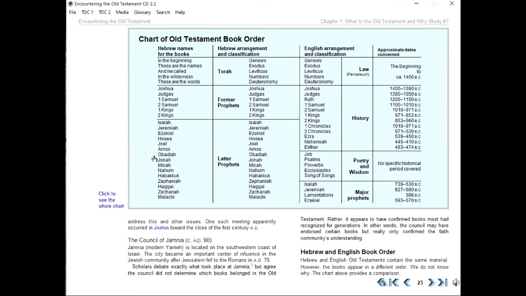Torah: Genesis, Exodus, Leviticus, Numbers, Deuteronomy. The former prophets: Joshua, Judges, 1 Samuel, 2 Samuel, 1 Kings, 2 Kings. The latter prophets: Isaiah, Jeremiah, Ezekiel, Hosea, Joel, Amos, Obadiah, Jonah, Micah, Nahum, Habakkuk, Zephaniah, Haggai, Zechariah, Malachi.